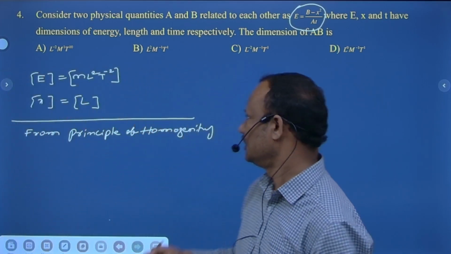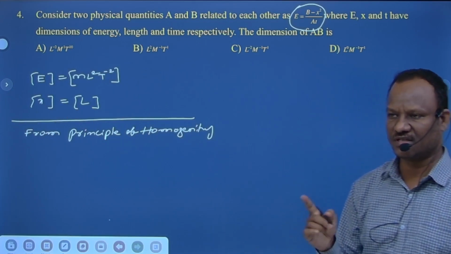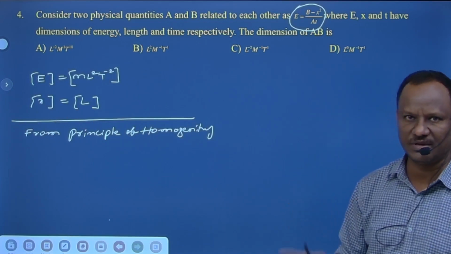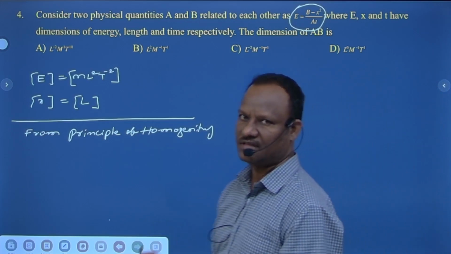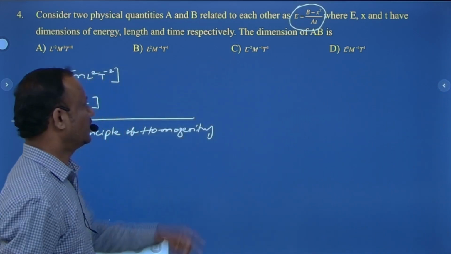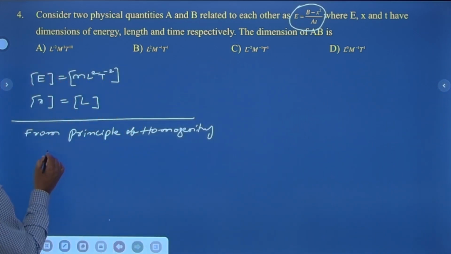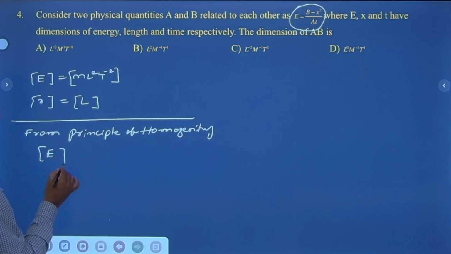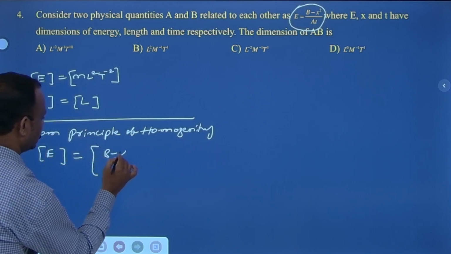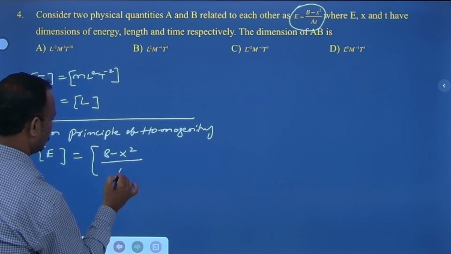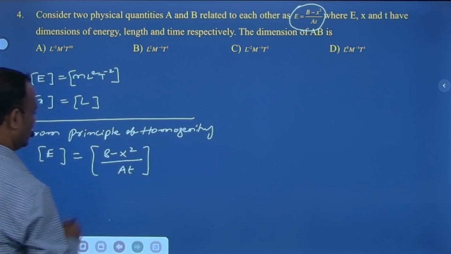It means physical quantities that have the same dimensional formula can be equated, added, subtracted. So here the dimensional formula of E is equal to the dimensional formula of B minus X square by AT.